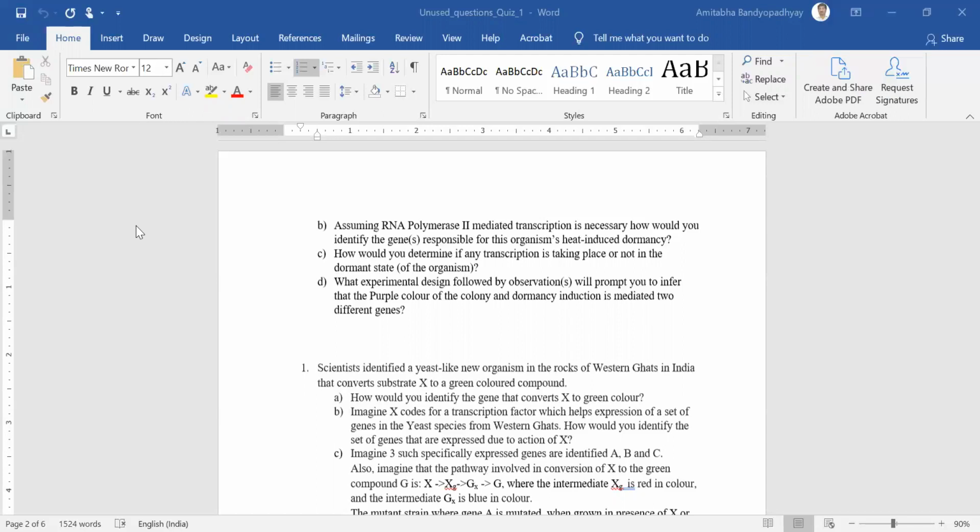Okay, sir. For question part C, how will we define the part? So we can do RNA in situ hybridization, and we can then check. Read the question again. Dormant state.